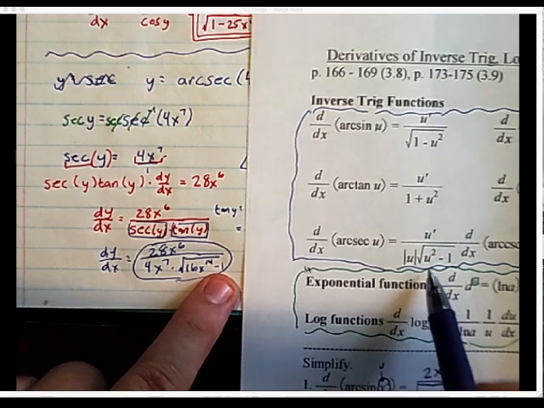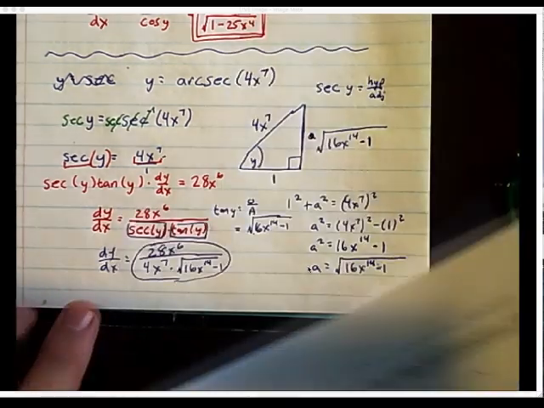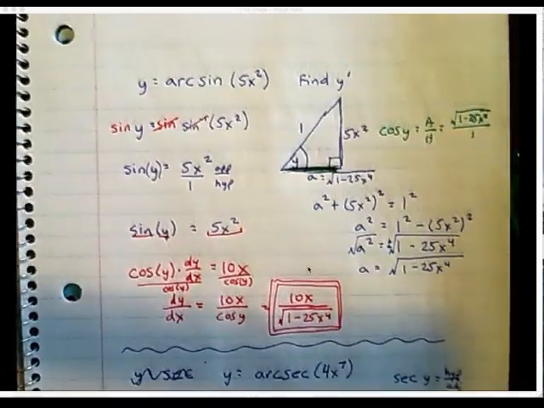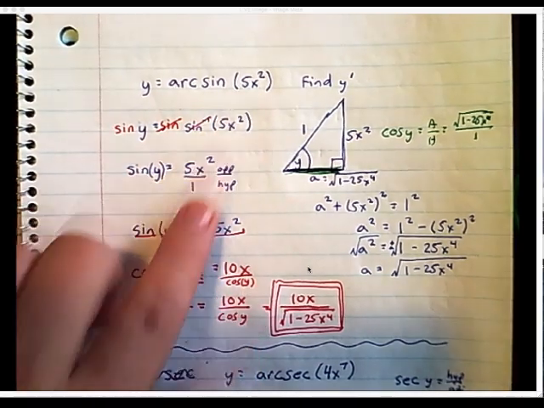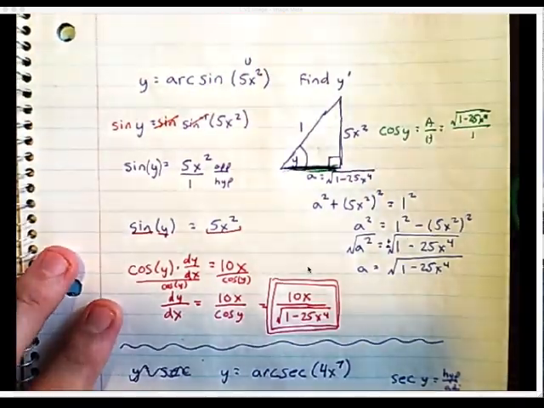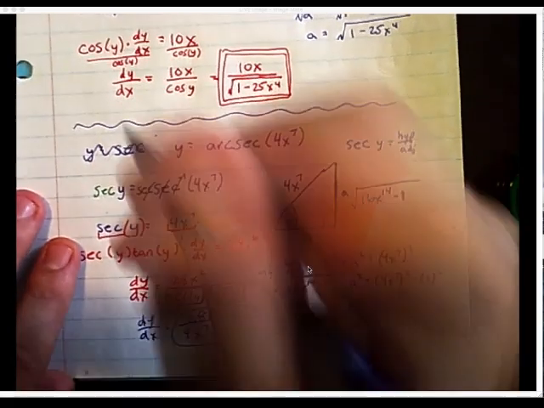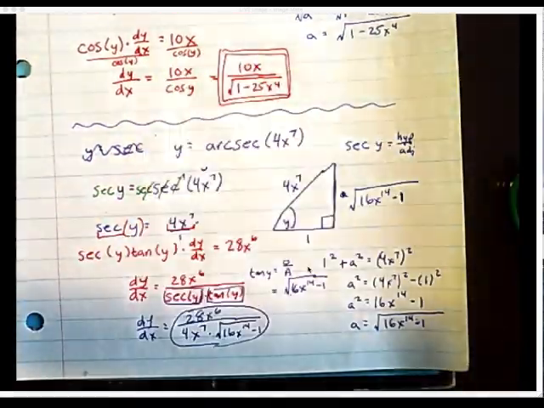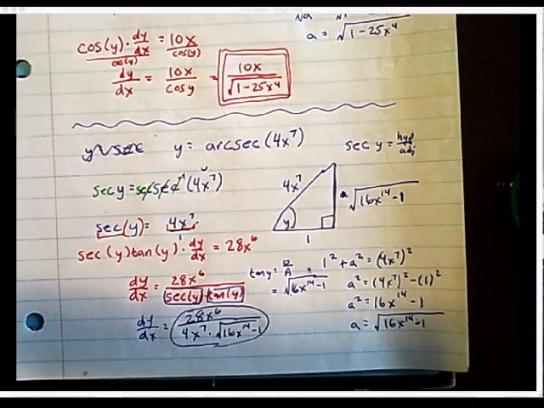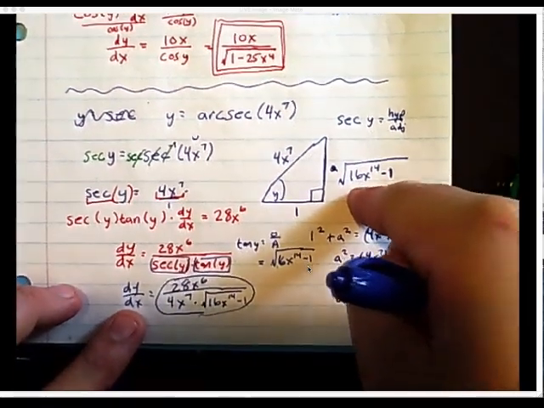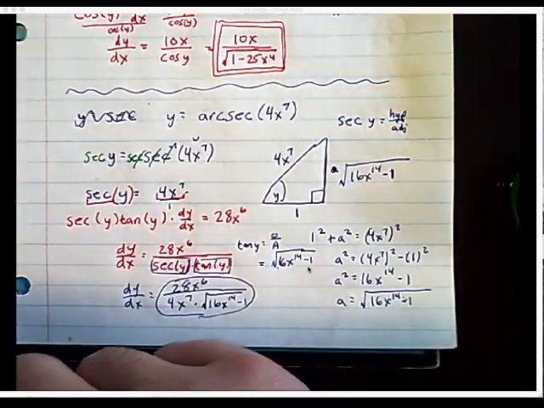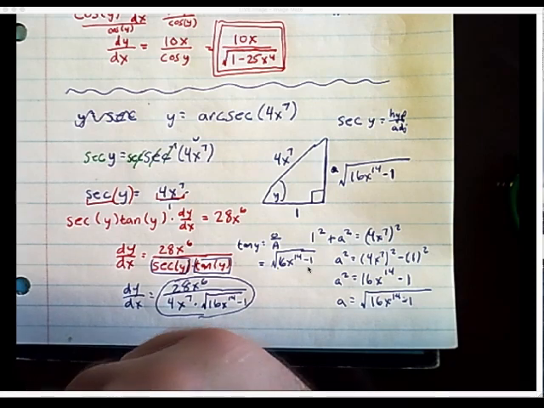So I just did 2 examples here, letting u be different things. I let u equal that in the first case, and this in the second case. But just develop it if you need it, and then you don't have to memorize 6 more formulas. That's the easiest way to do it.